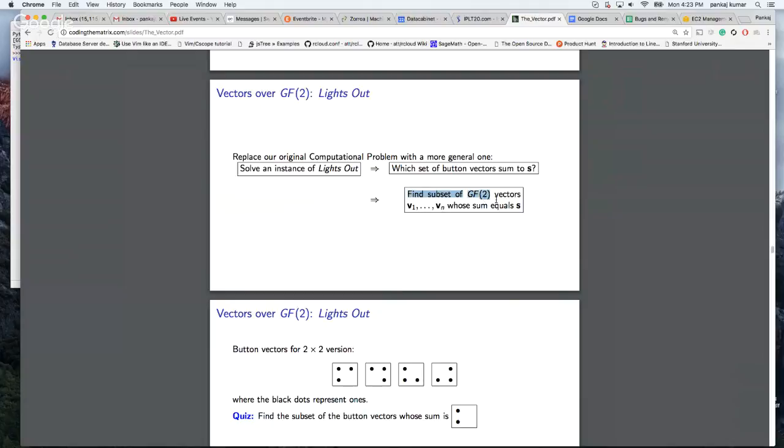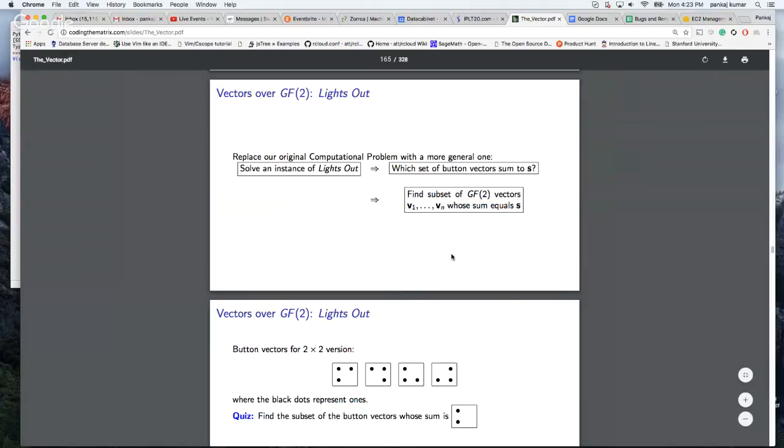All you have to do is find a subset of GF2 vectors whose sum equals S.